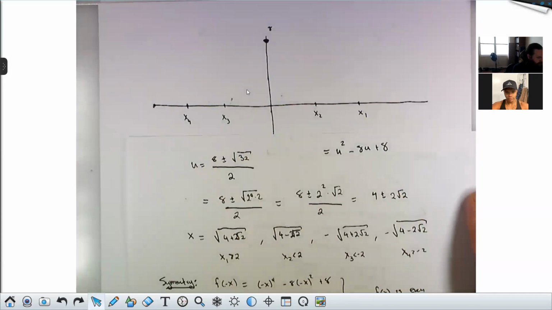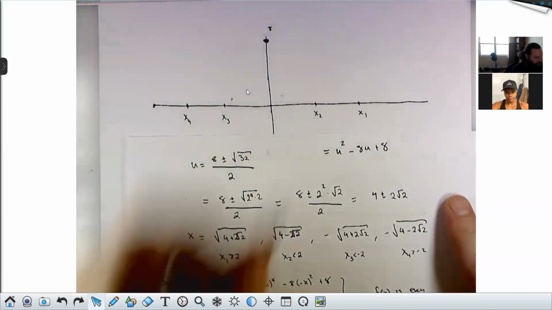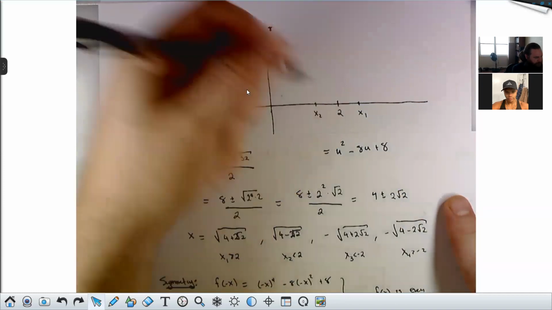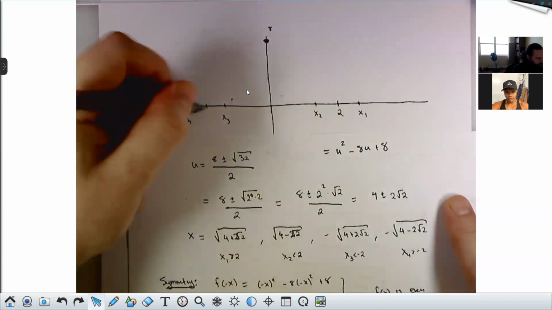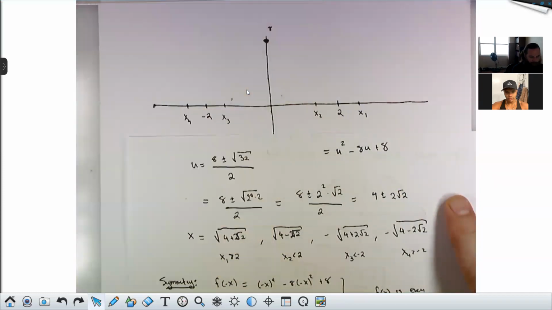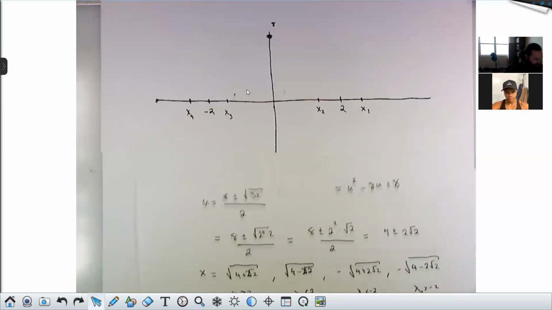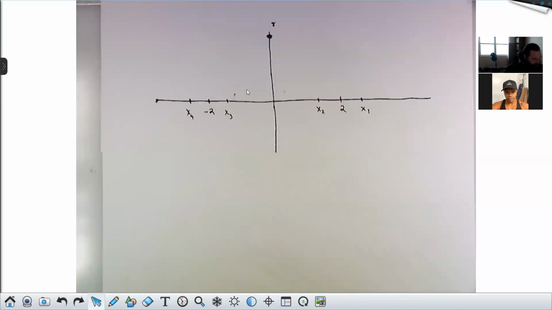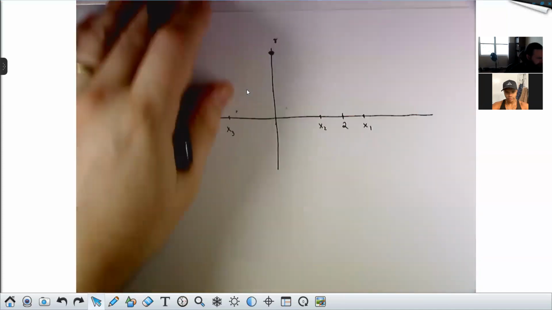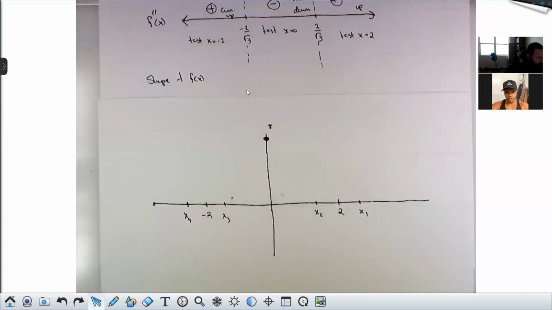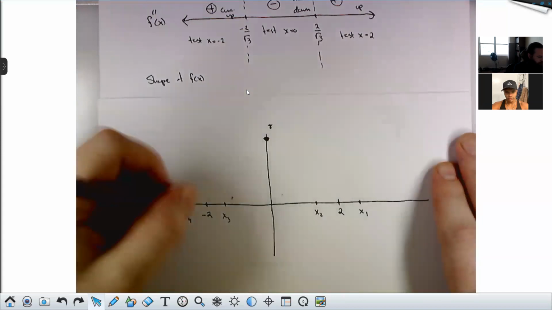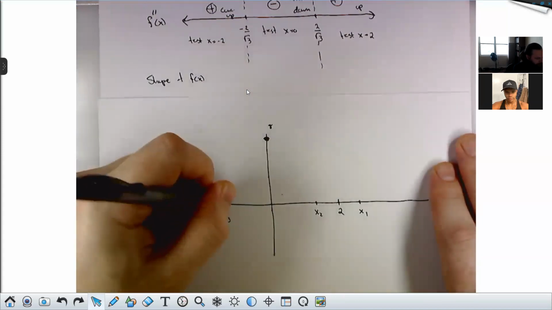So where is 2 and -2 regarding all of these? x1 is bigger than 2. This guy, so 2 is going to be somewhere in here, which means -2 is somewhere over here. And then 2 over the square root of 3, I don't know where those are with respect to these. So let me see here, where is that? 2 over the square root of 3, these are x-intercepts, right?